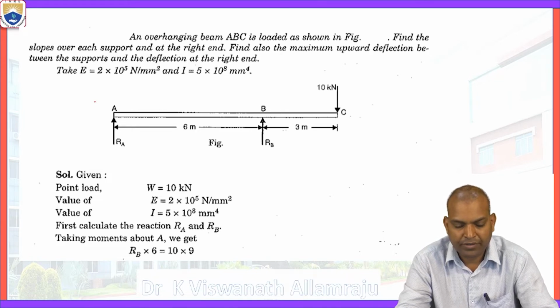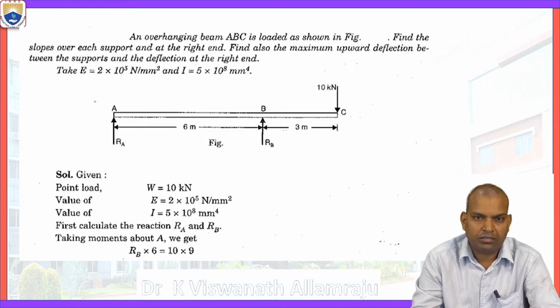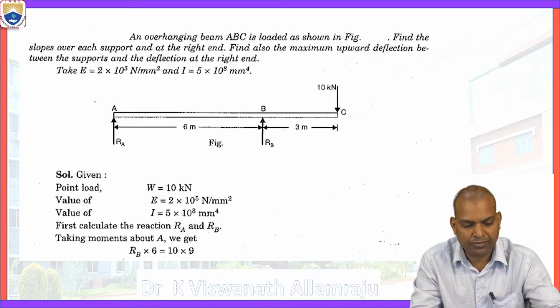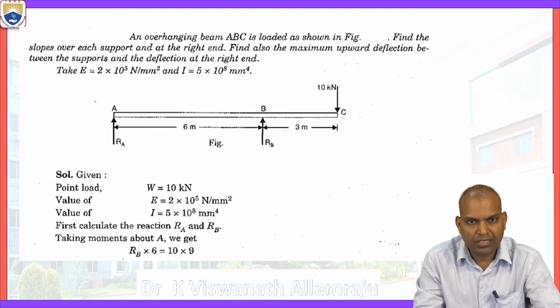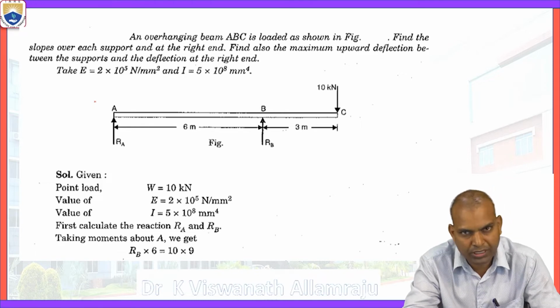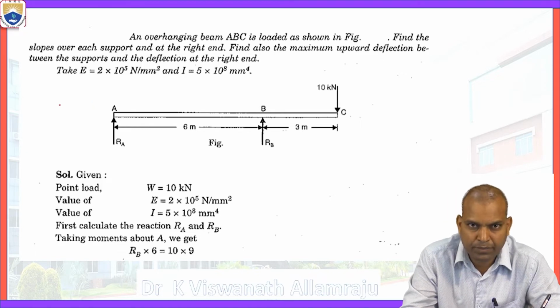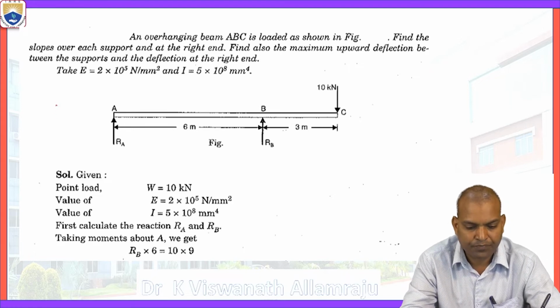First, we have to apply the concepts of shear force and bending moment diagrams and calculate the reactions at the supports A and B, that is RA and RB, using the shear force and bending moment sign conventions.